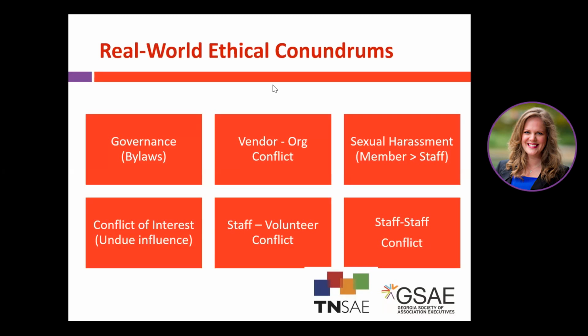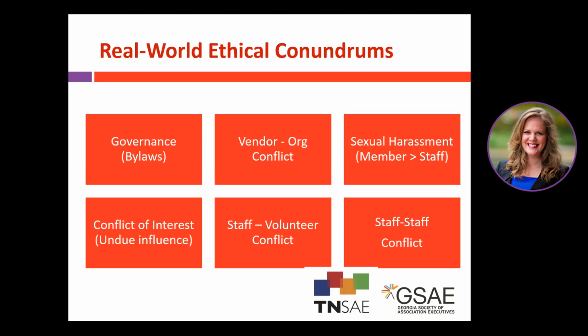Or if you want to share it out, if maybe you have a friend who had this issue, or if you have an issue you want to share. These are kind of the different categories, or even if you have one in a different category. So maybe it was an ethical conundrum that involved the bylaws, so something that actually went against your bylaws, or someone challenged something in the bylaws.